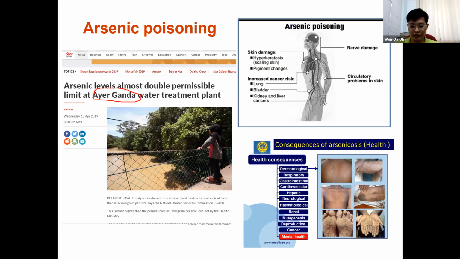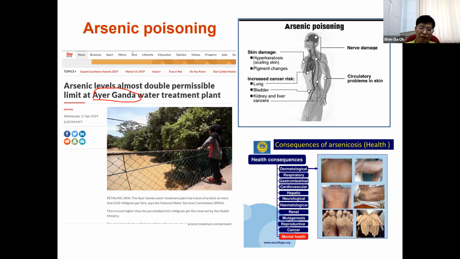This is important because some wastewater treatment plants and water treatment plants are not designed to remove arsenic, right? Generally, the treatment method used for treating water in Malaysia is very simple, because our water is relatively clean. So sometimes we don't account for chemicals like arsenic.